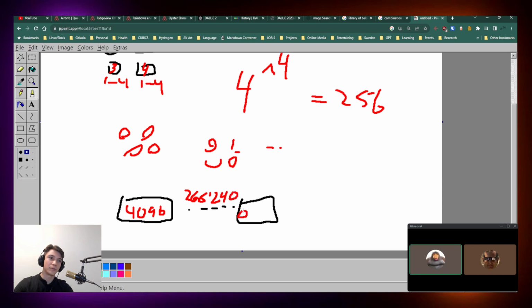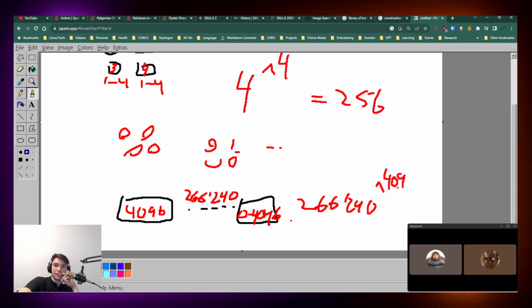And each can go from 0 to 4096 or whatever. So what we have going on is, oh my god, there's no way. It's so much. This many pixels and each can be one of 4096 possible colors.